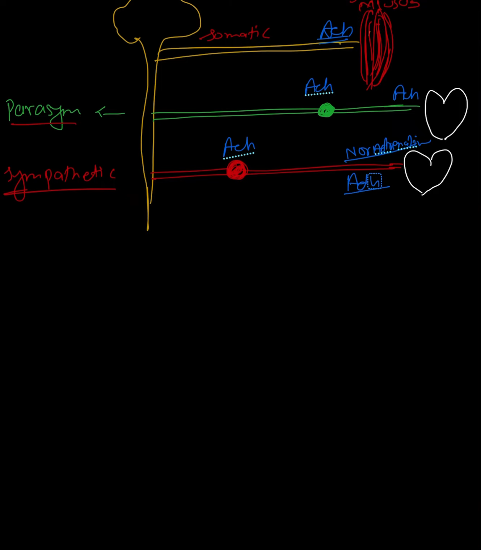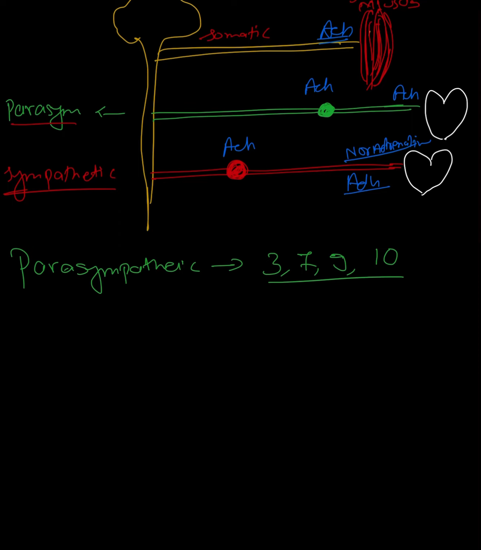Parasympathetic and sympathetic types of nervous system. So what can we write in parasympathetic? We will revise it once completely. Which are the nerves of parasympathetic? 3, 7, 9 and 10. So these four cranial nerves, and then come the sacral nerves. These are the parasympathetic. Parasympathetic is also called the craniosacral outflow.